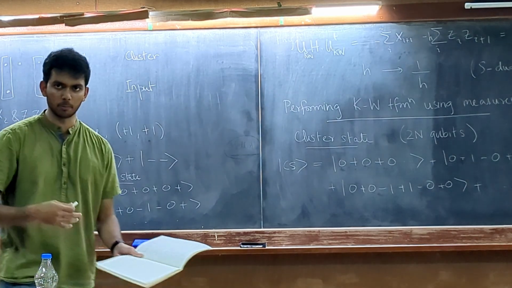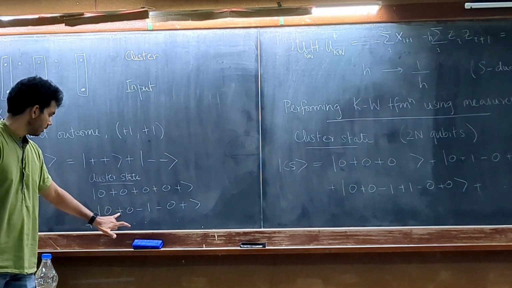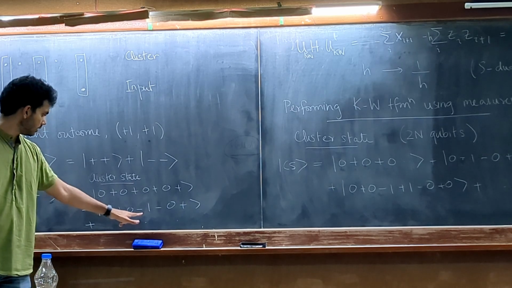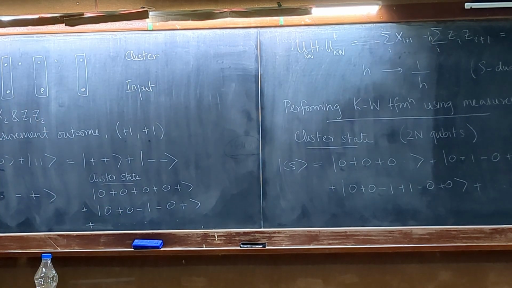Basically, it's all of these superpositions. These zeros and ones can take whatever values they want, and the in-between sites will be plus or minus depending on whether there's a domain wall there or not.